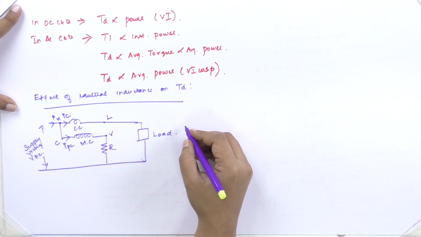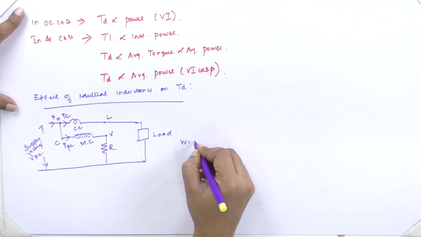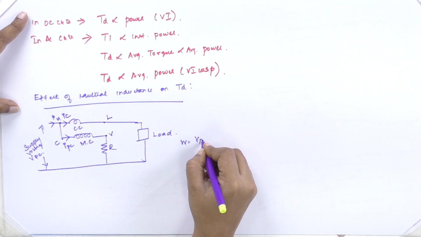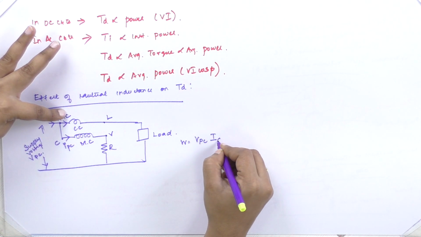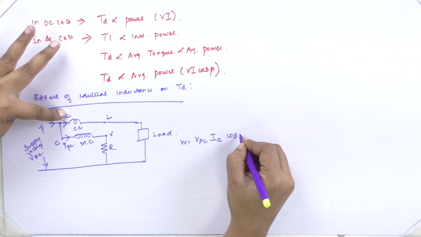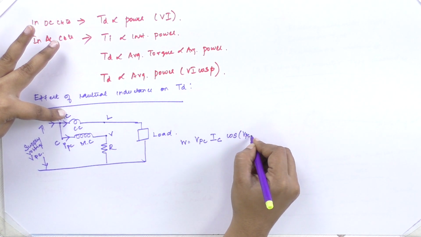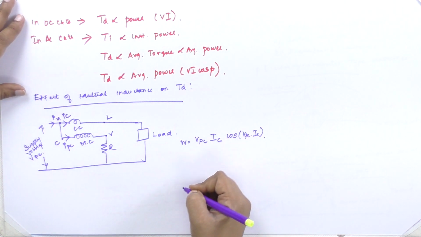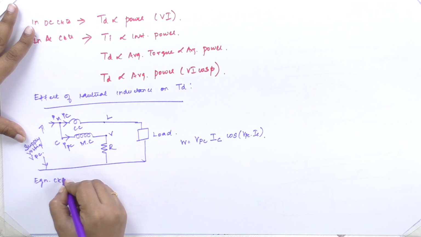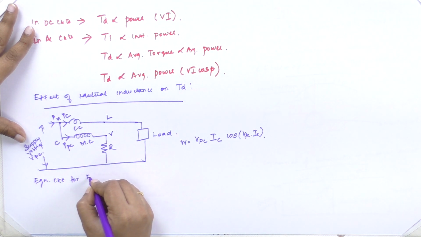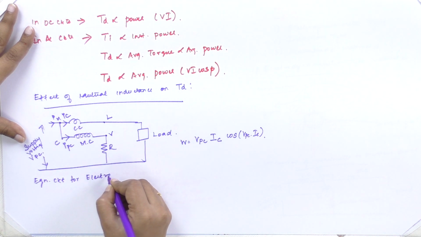The power supplied to the load will be given as W is equal to VPC, which is the voltage across this moving coil, into the current flowing through this current coil, into the cos of the angle between this voltage coil and current coil. Let me draw the equivalent circuit for the electrodynamometer type wattmeter.